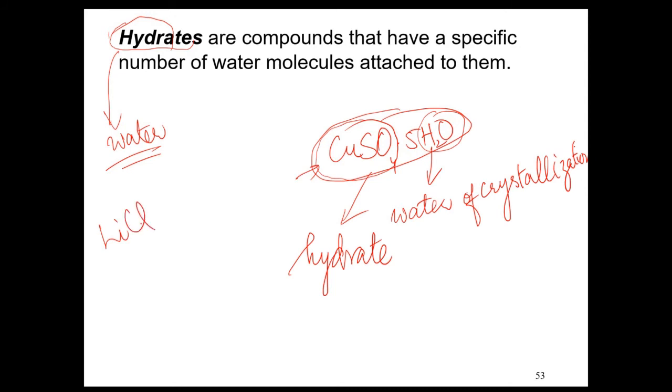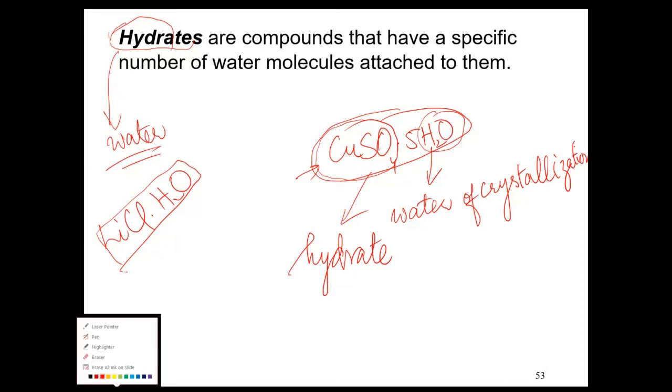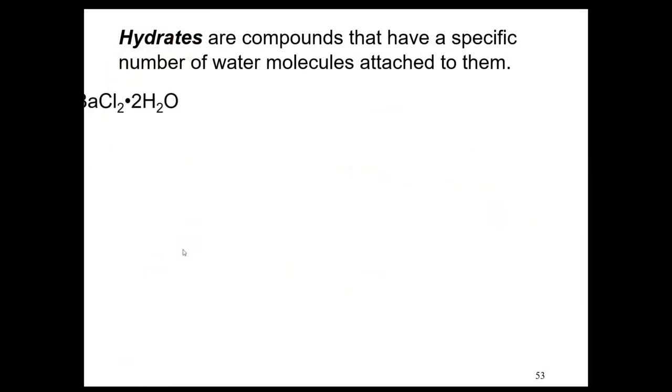So this is a hydrate. Some other, LiCl, there are many examples in your book. So it is also a hydrate. Now the question is, how to write the name for these hydrates? Okay, there are some examples. For example, here BaCl2.2H2O. Now you will write the name as it is.